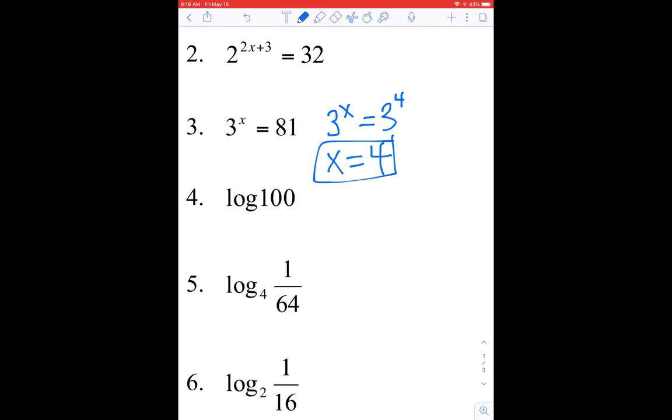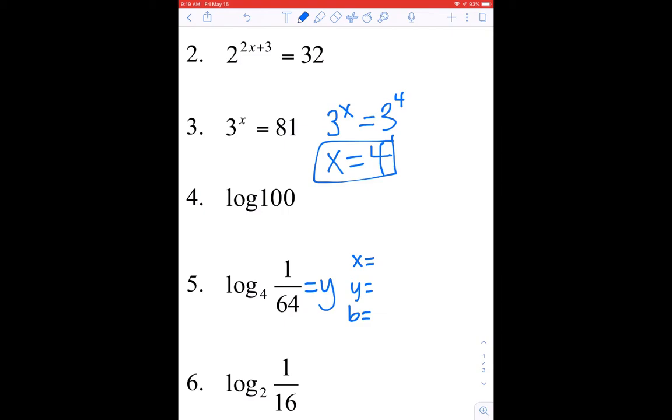So we're going to skip down to number 5. First thing you want to do, log base 4 of 1 over 64, you need to write another side to the equation. You need to write equals y. And then we can set this up with those equations I told you to write down at the beginning of this video. So we're going to say x equals, y equals, and b equals.